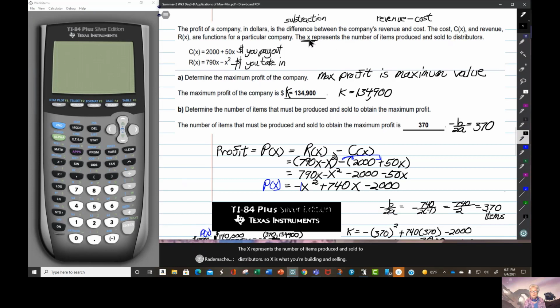It's going to cost you money to create those items. And when you sell them, you're going to be taking money in. So you take money in and then you pay your bills, and whatever's left over is your profit.